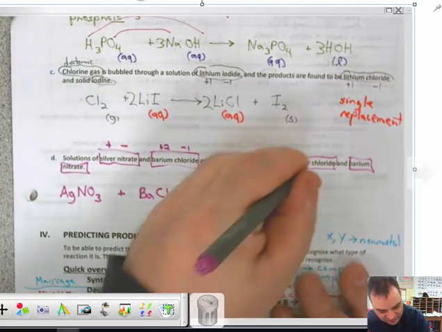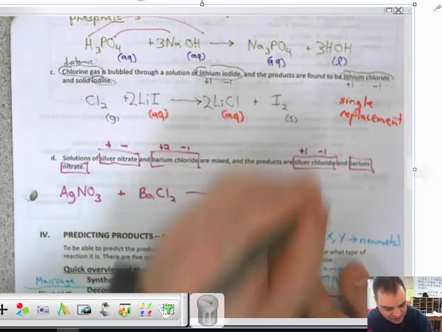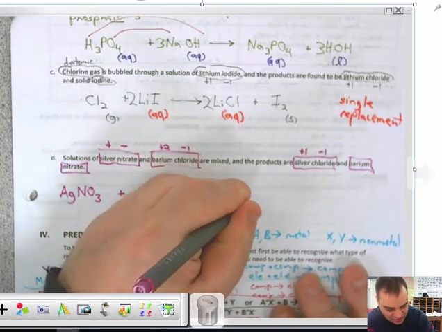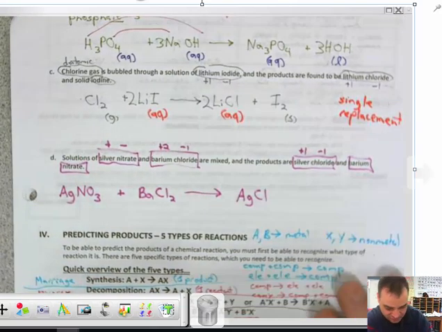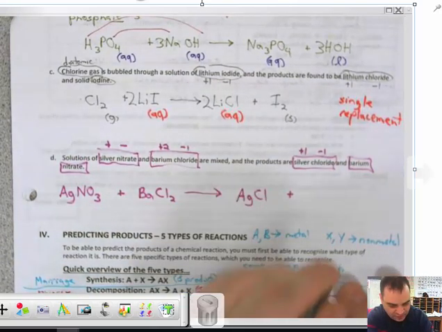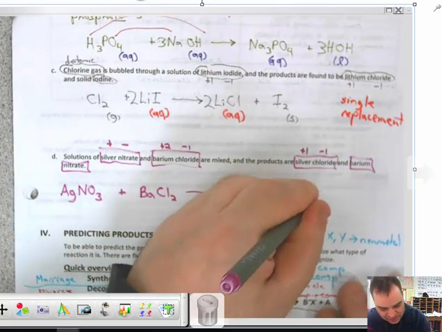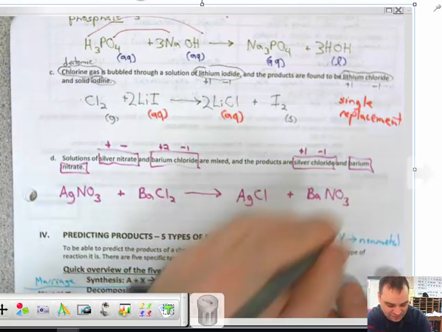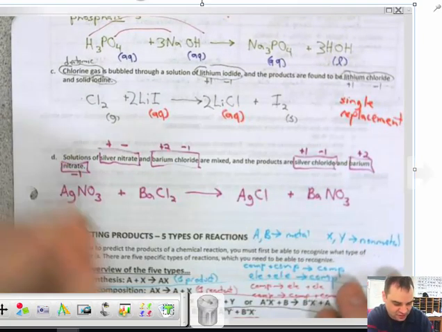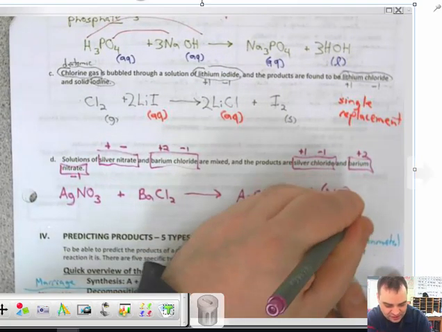Silver chloride. Silver is +1, chloride is -1. AgCl. Because again, writing the formulas is the most important thing. Barium is Ba, nitrate is NO3, plus 2, minus 1, Ba(NO3)2.